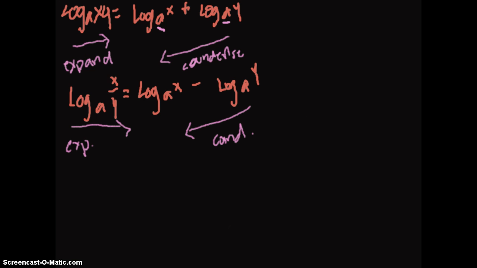So if we're expanding, we're going to go back to our rules because this is a division problem. This is in the condensed form right now, and to expand we got to move this way. So we got to get something that looks a little bit like this with the subtraction in the middle.